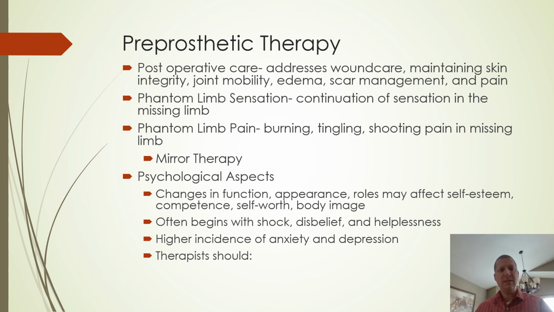Some of the treatments that we've seen for phantom limb pain or sensation is something called mirror therapy, and this is where a mirror is placed in the midline so that their residual limb looks like their full limb, because they're actually seeing the image from the mirror of their unaffected side.